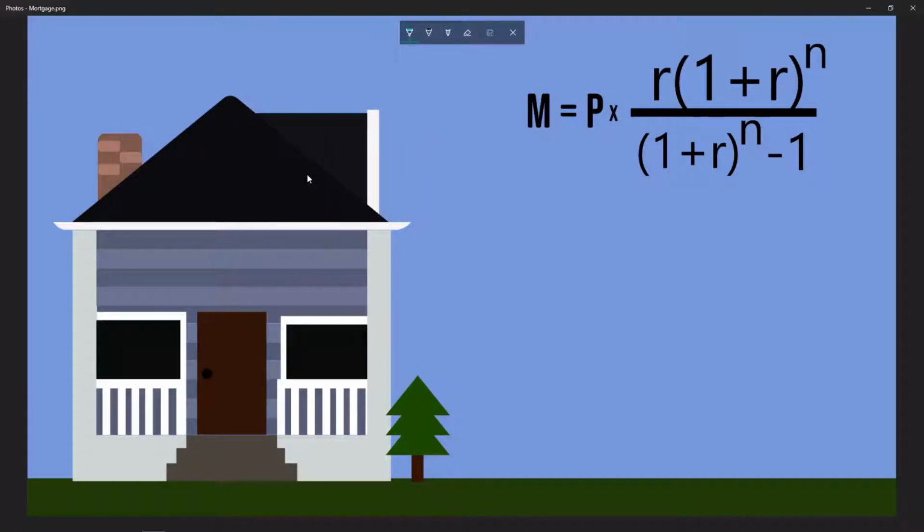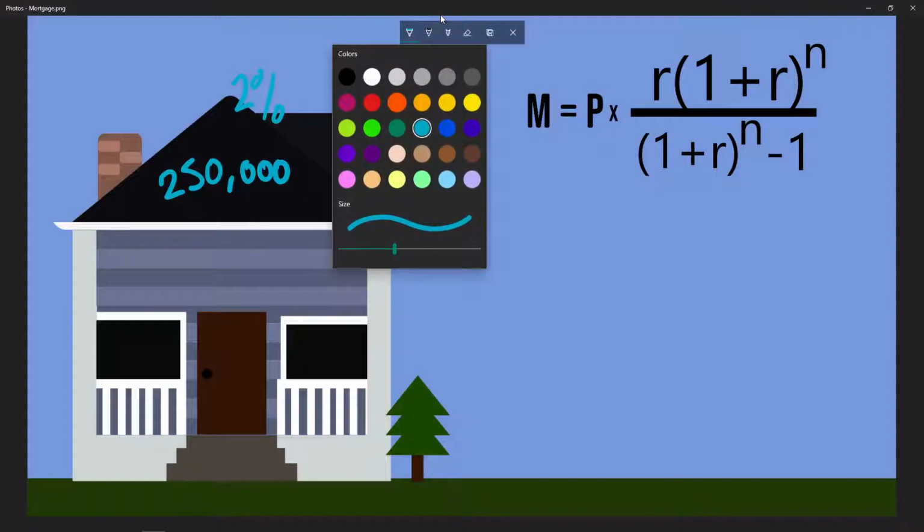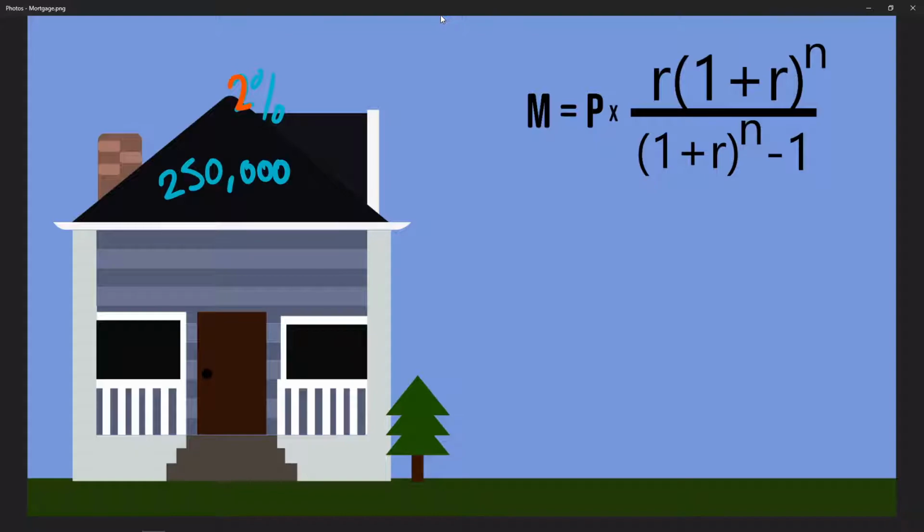So the formula is M equals, or mortgage equals, your principal times your rate by month over the period of time. So what that means is that you have your payment. Say you get a house for $250,000, and the bank gives you an interest rate of about, say, 2%.